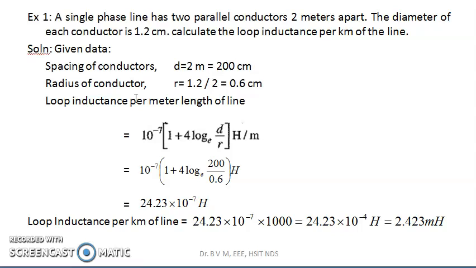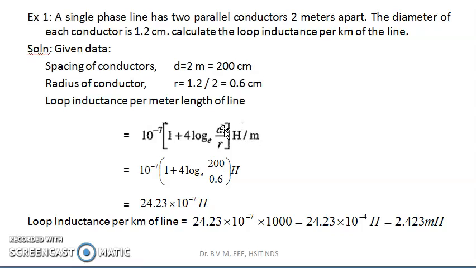Now we know the equation of loop inductance. So let us calculate the loop inductance per meter length of the transmission line, which is given by 10 raised to minus 7 into bracket 1 plus 4 natural log of D by R, Henry per meter.